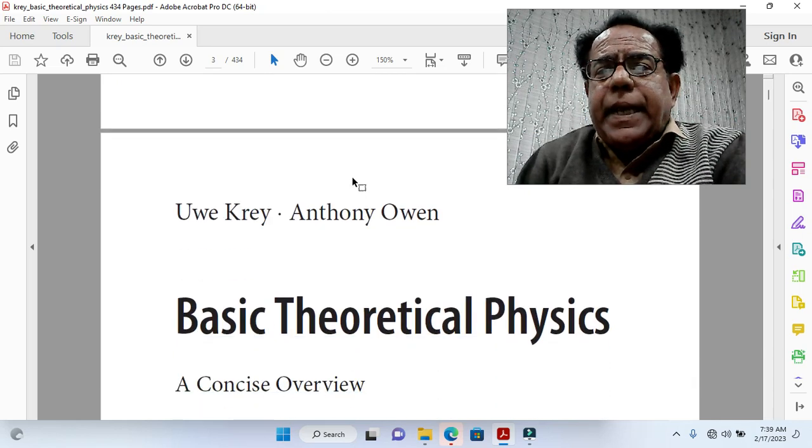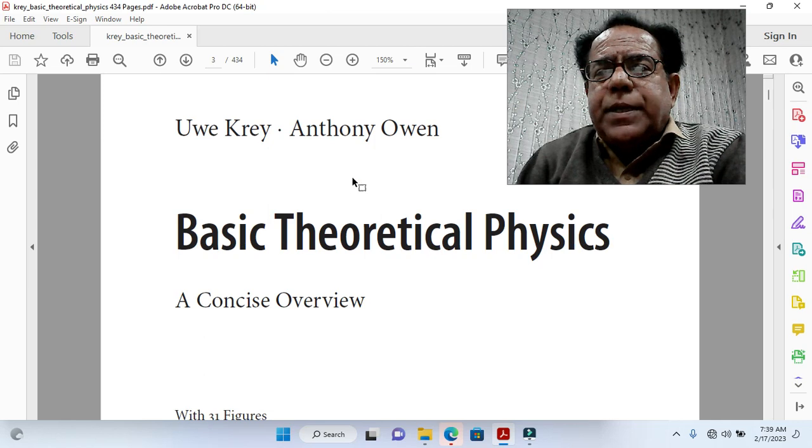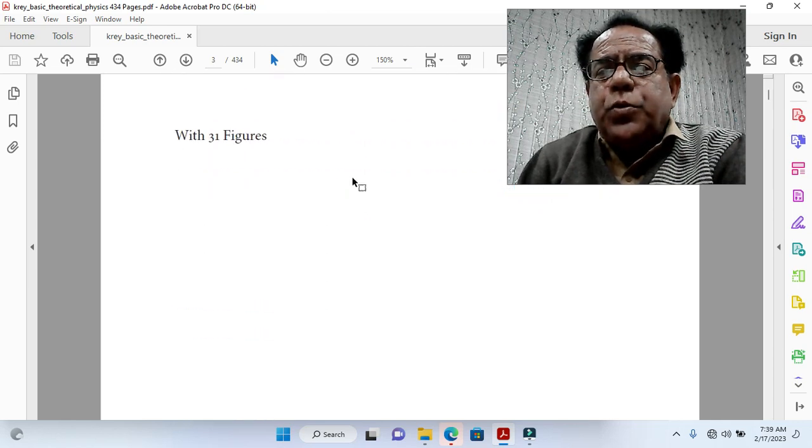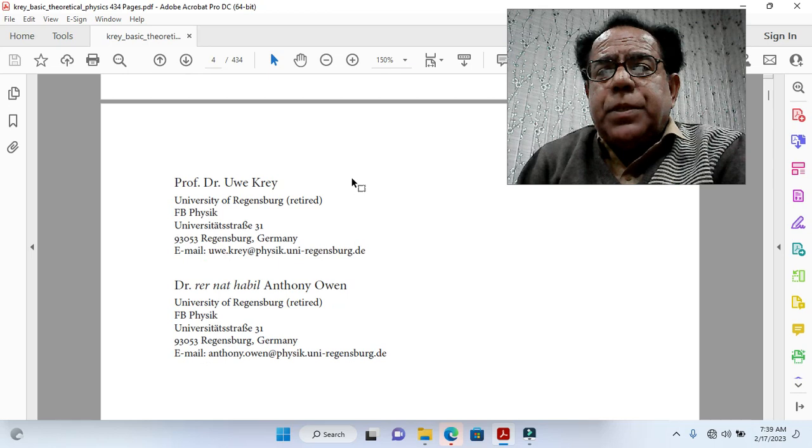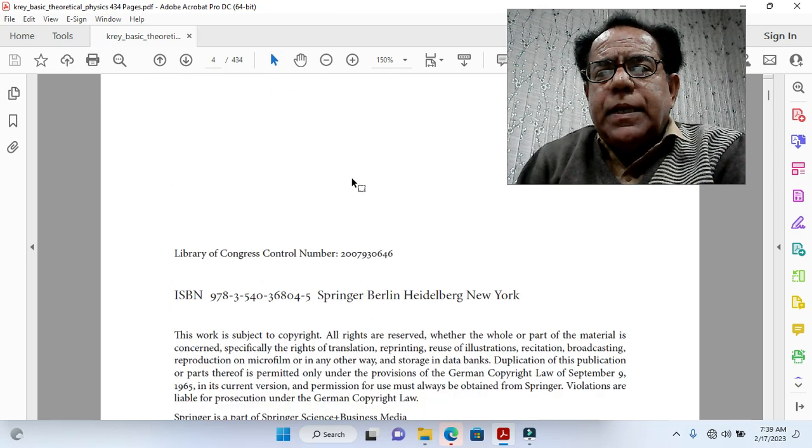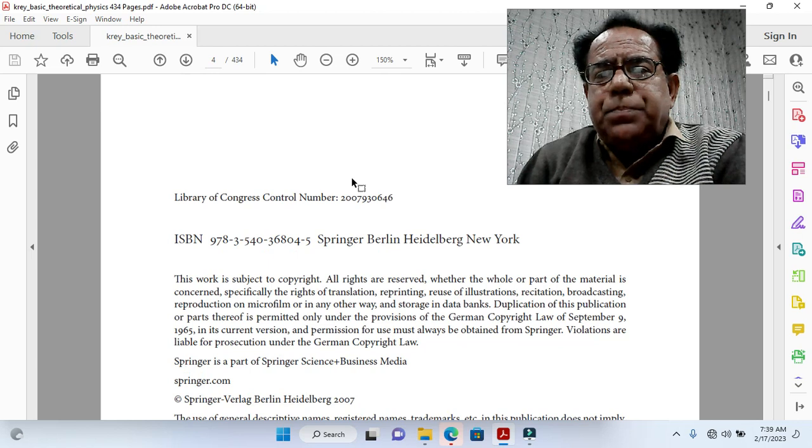Uwe Krey, Anthony Owen, Basic Theoretical Physics, a Concise Overview. Springer is the publisher, and this book was published in the year 2007.